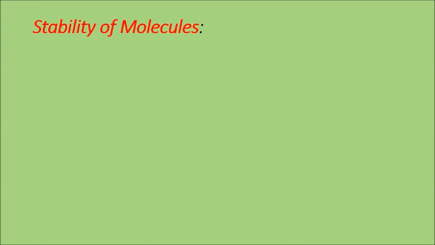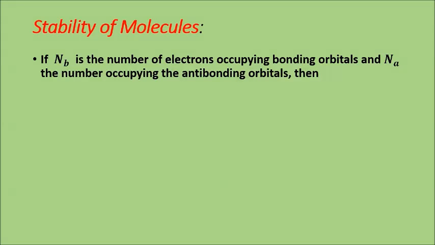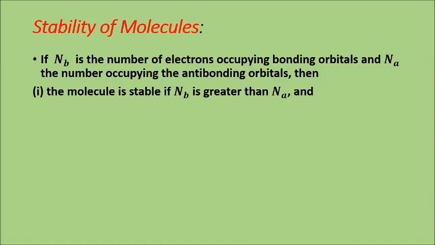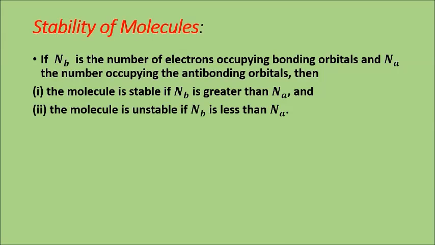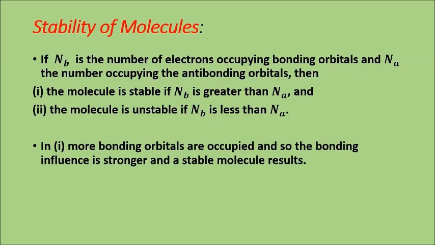Now let's see the stability of the molecules. If we consider Nb as the number of electrons in the bonding molecular orbitals and Na as the number of electrons in the antibonding molecular orbitals, then the molecule is stable if Nb is greater than Na, and unstable if Nb is less than Na.